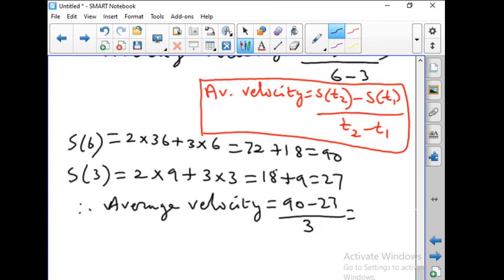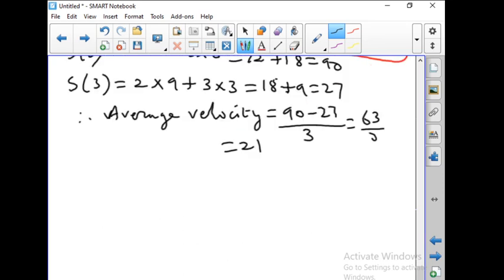So what you get? It is equal to 63 by 3, which is equal to 21. So this is the first part of the question. Second part, what is asked? Find the instantaneous velocity at t is equal to 3 and t is equal to 6.